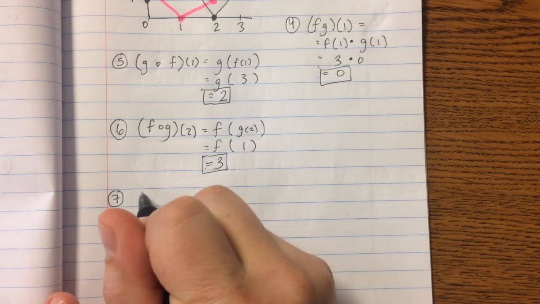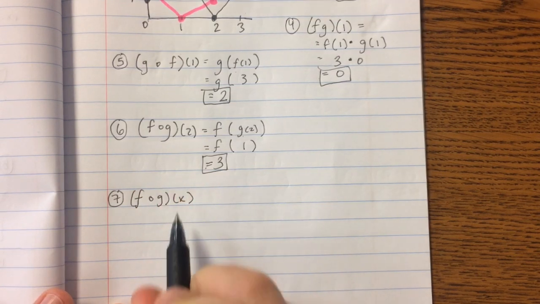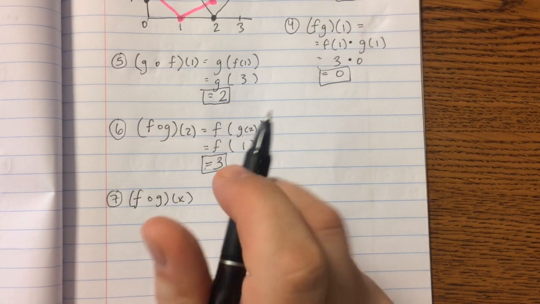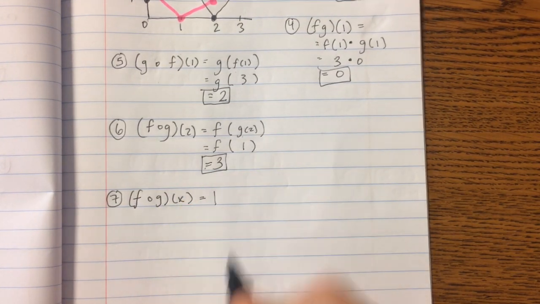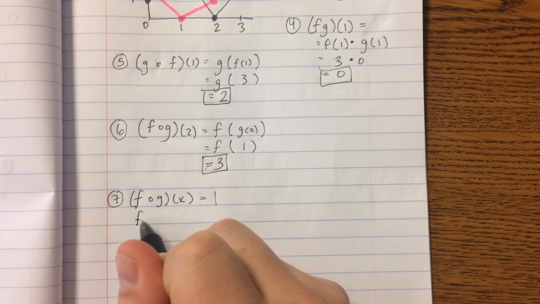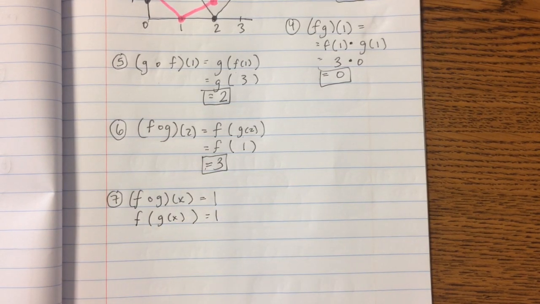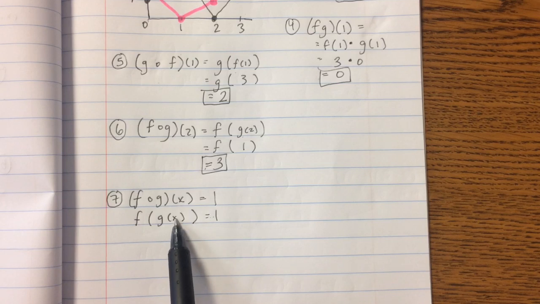So that kind of question will look like this. f of g of x, in other words, we need to find the x as opposed to finding y, equals 1. So another way to think about this is you want to say, f of g of some number should equal 1. There's some output of 1, and we're trying to find the input that will make that happen.